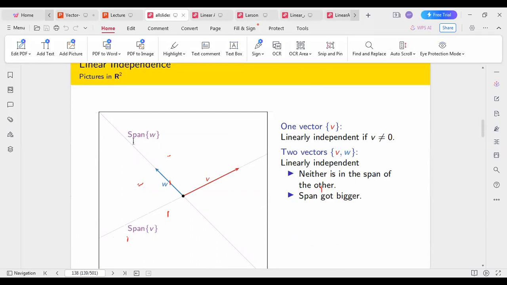That means the span of W is this and the span of B is this. Okay, so these two vectors B, W are linearly independent.